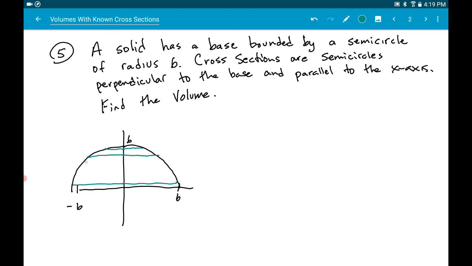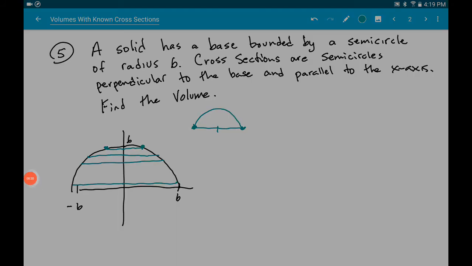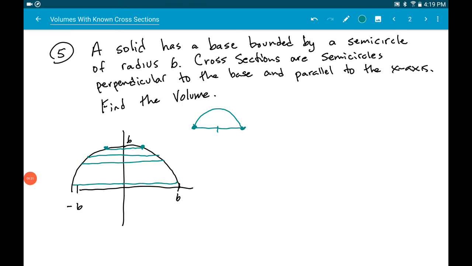So I'm going to try to clean this up a tiny bit. I like to usually draw in the cross sections, but then I'll have a separate drawing, and I want to find the area of this, in this case, the semicircle. So again, if I think of a sample point, it looks to me like the radius of all of these is just going to be x.